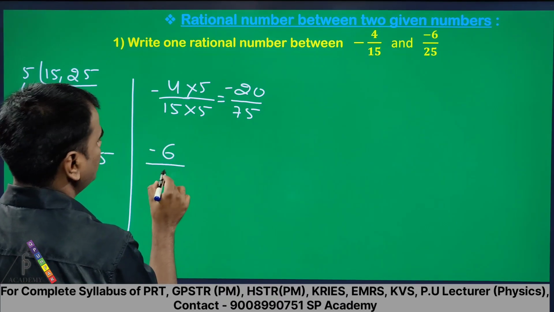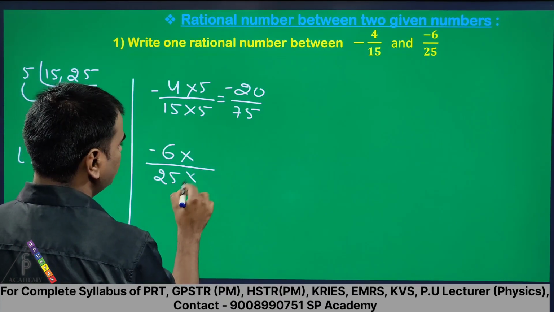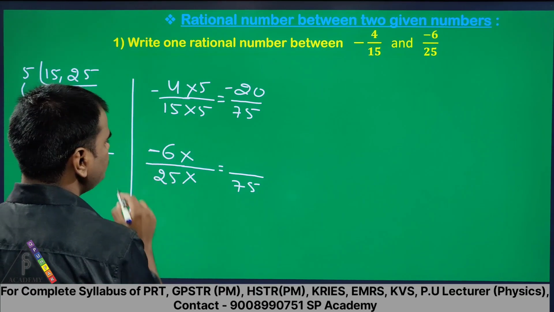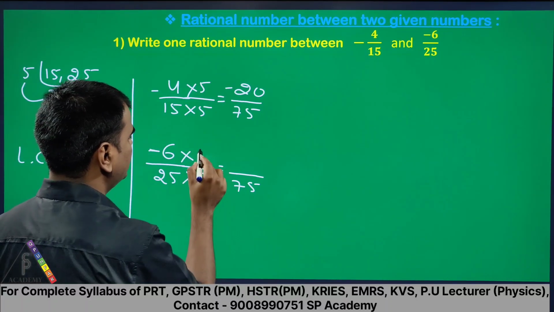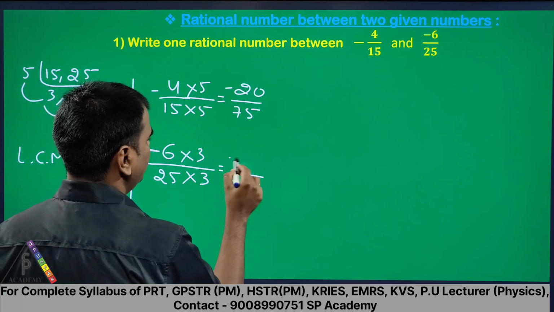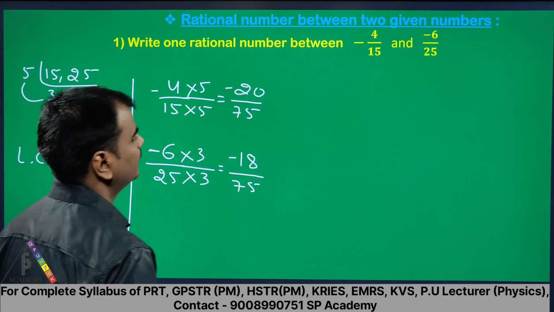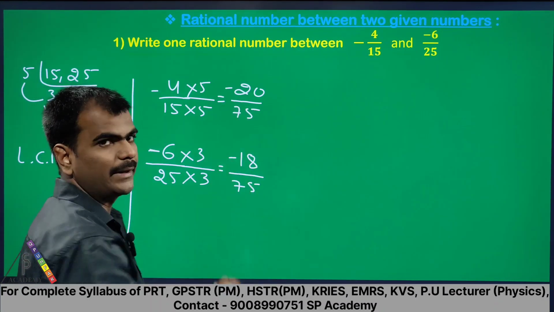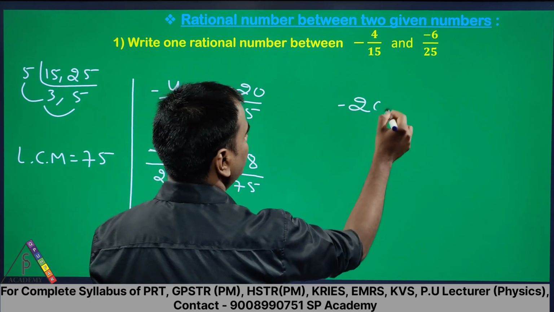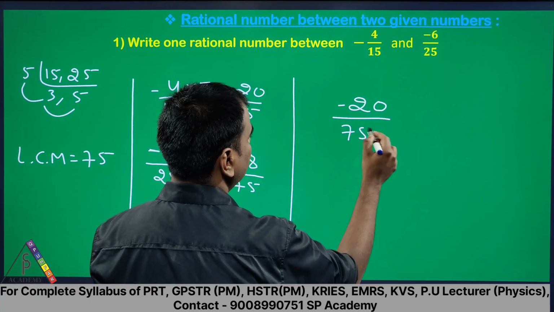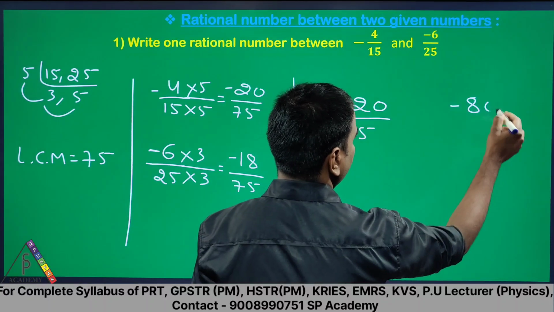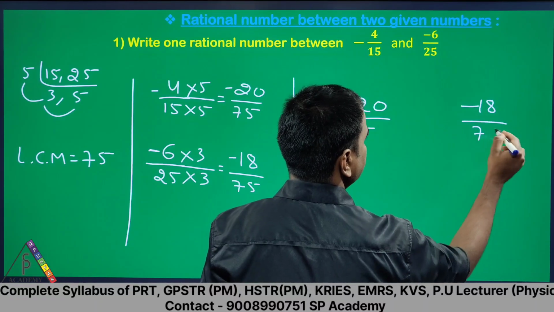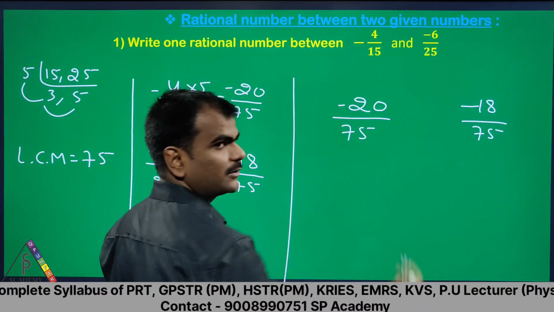For minus 6 by 25, we'll multiply and divide by some number so that the denominator will be equal to 75. 25 into 3 is 75, and 6 into 3 is 18, so minus 18 by 75. Because of the negative sign in the numerator, the lowest number is minus 20 by 75, and the highest number is minus 18 by 75.